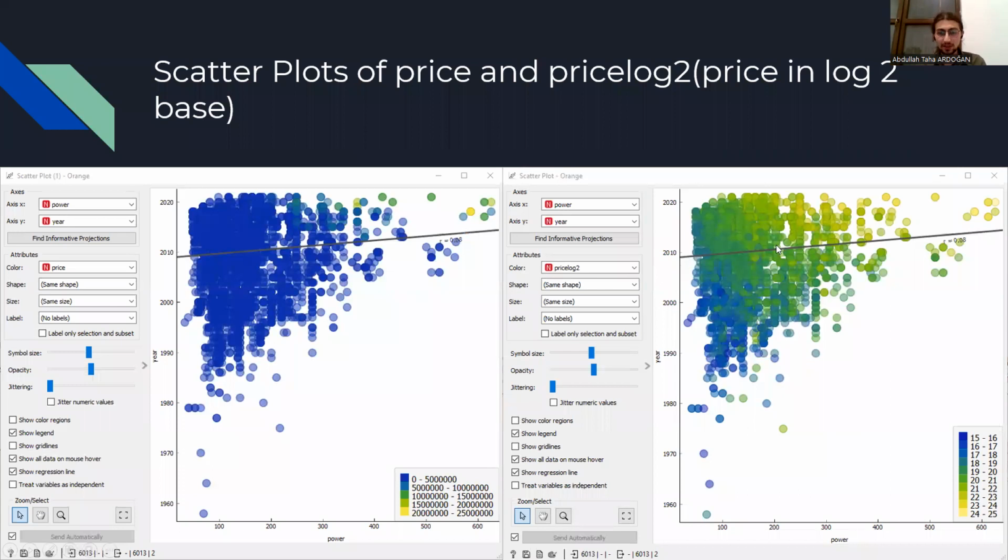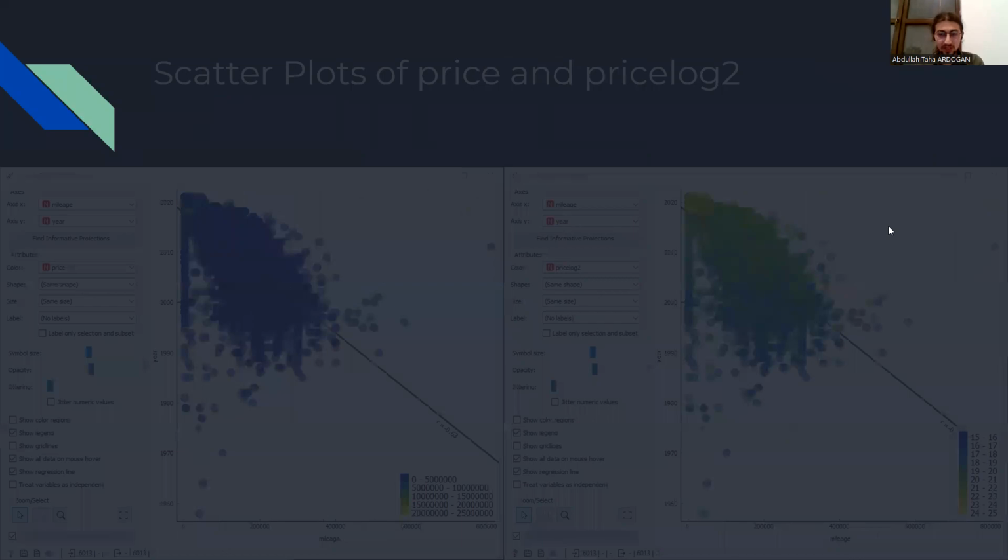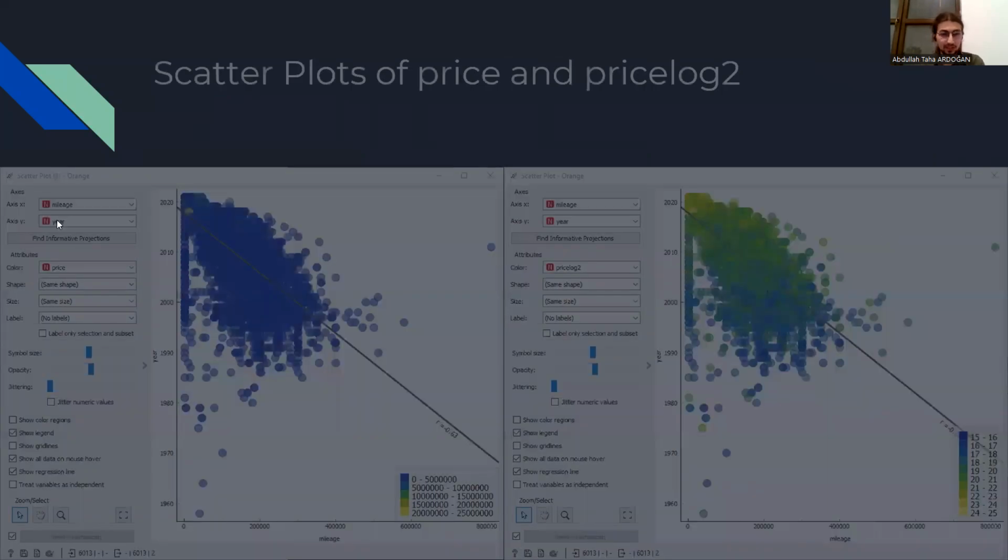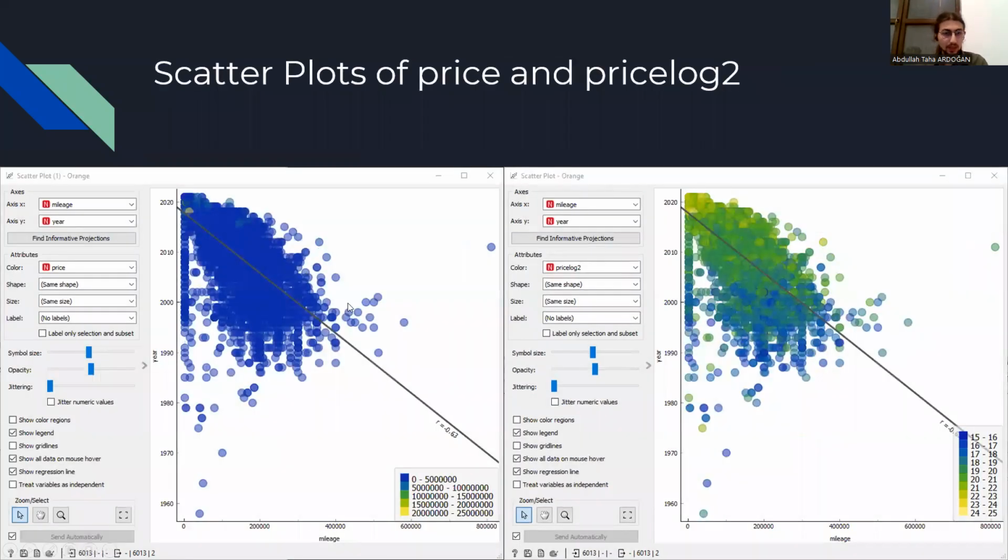As you can see, price log is more visible and more understandable here. The most related data are mileage and year, as I mentioned, because the correlation between mileage, year, and price is high.